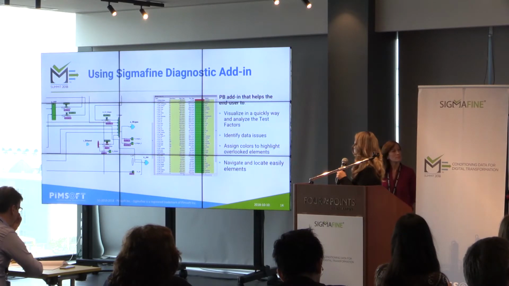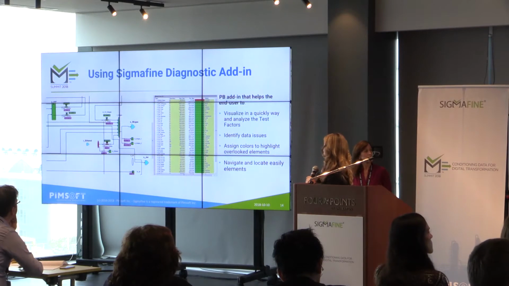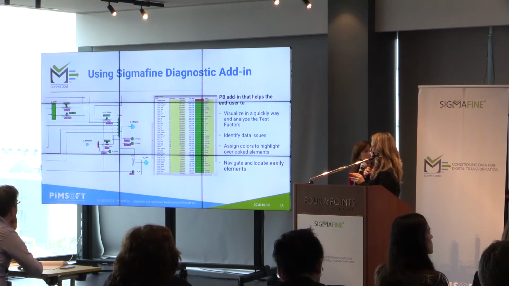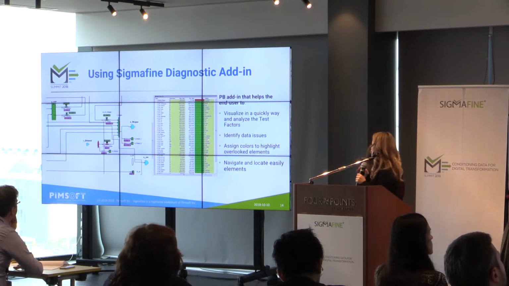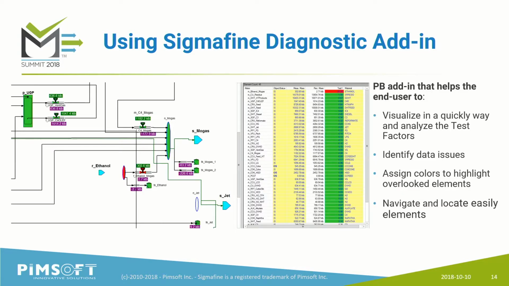The tool that helps the end user to identify the data issue and analyze the test factors is the Sigmafine Diagnostic add-in. We can configure and assign colors in order to highlight our problems in our model.